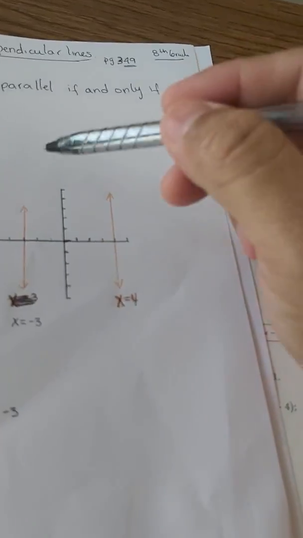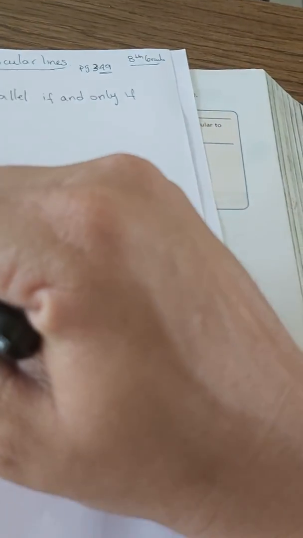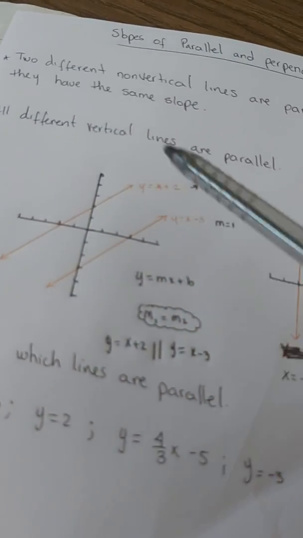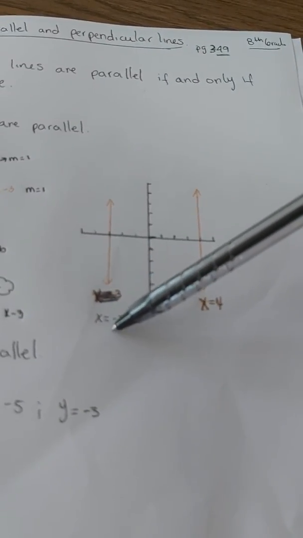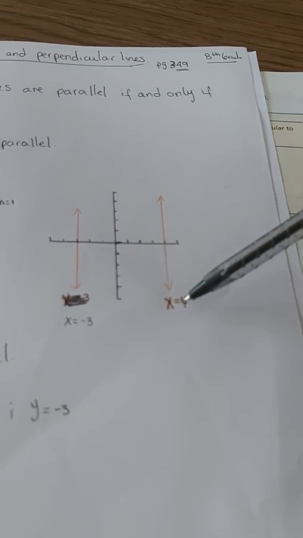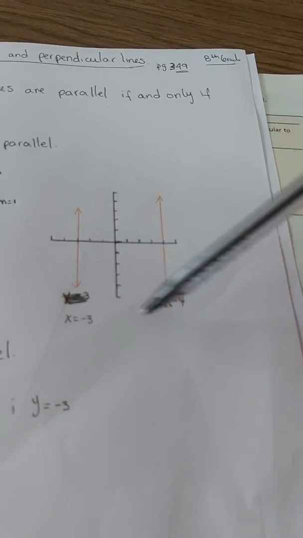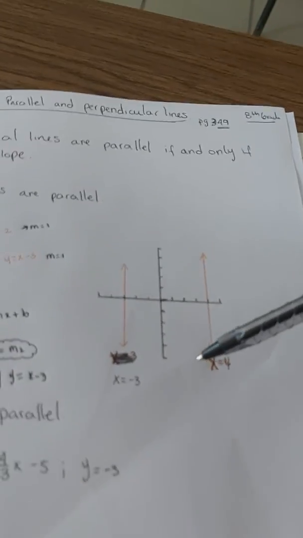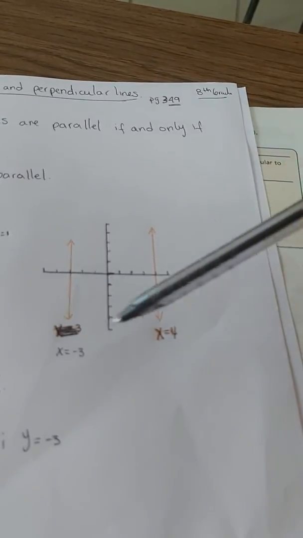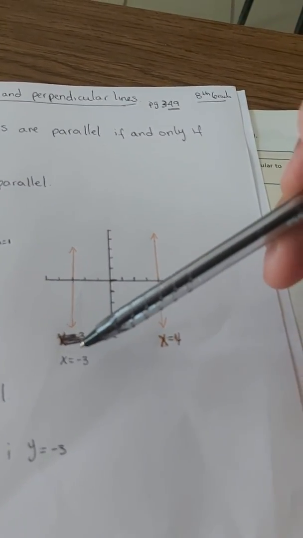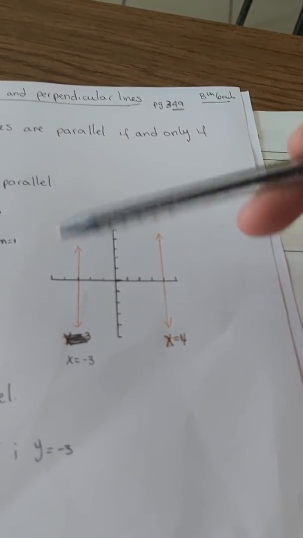Now, in the second case, we have two vertical lines. By definition, all different vertical lines are parallel. Look, x equals negative 3, x equals 4. Notice that in this case, if we write them in slope-intercept form, the slope is undefined.